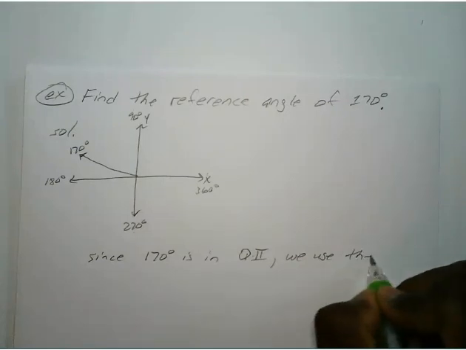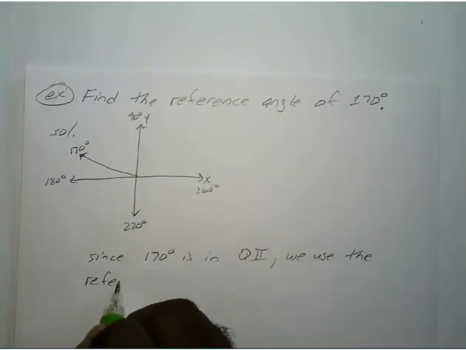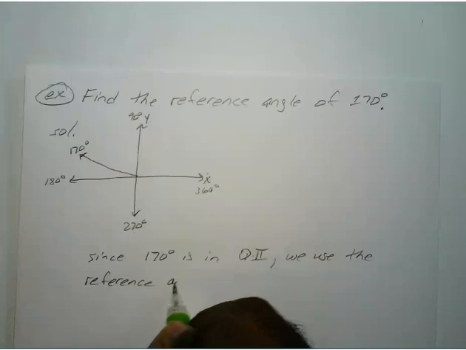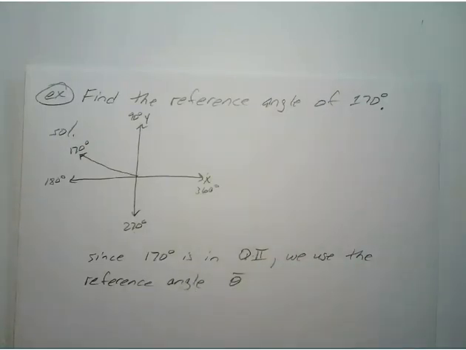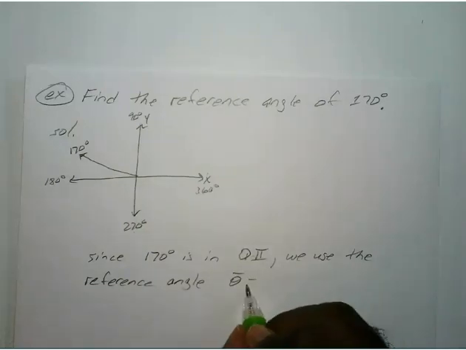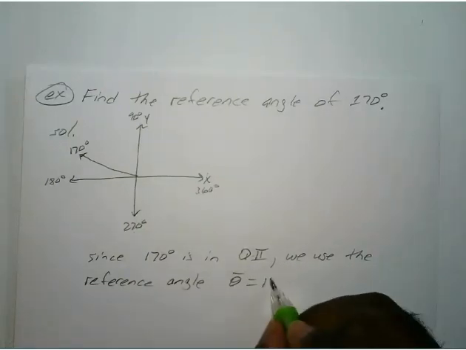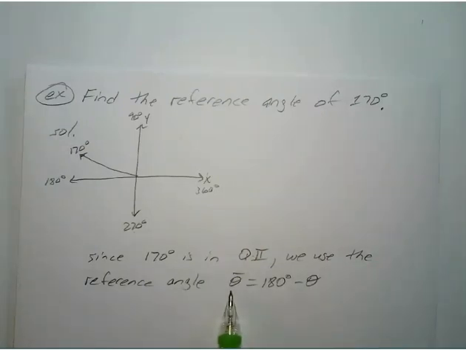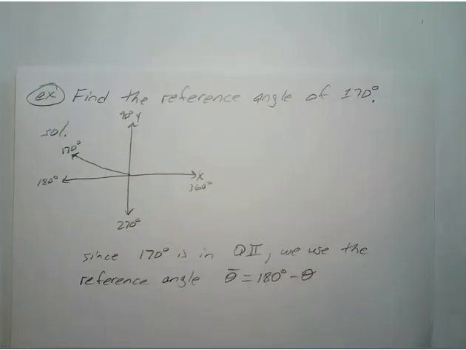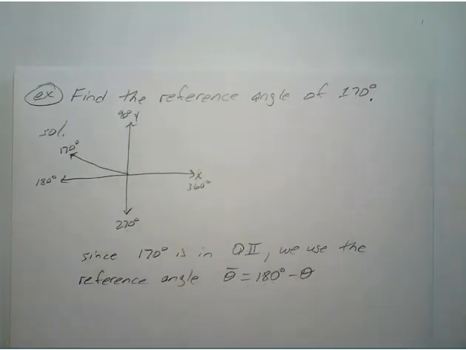Since it's in quadrant 2, we use the reference angle theta with the bar on it is equal to 180 degrees minus theta. Normally it would be t bar equals pi minus t, but because we're using angles and not just the terminal point or the terminal number, we're just going to use 180 instead of pi.